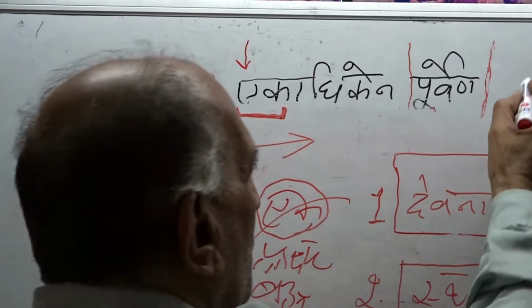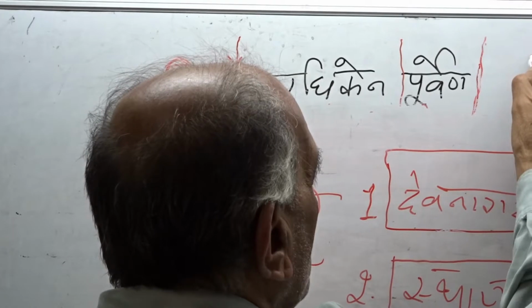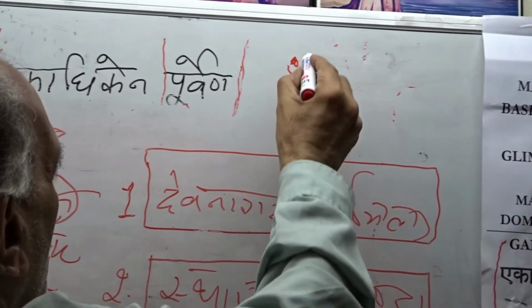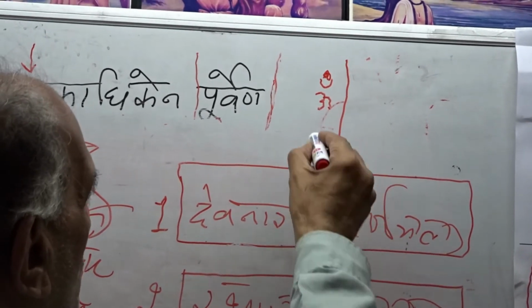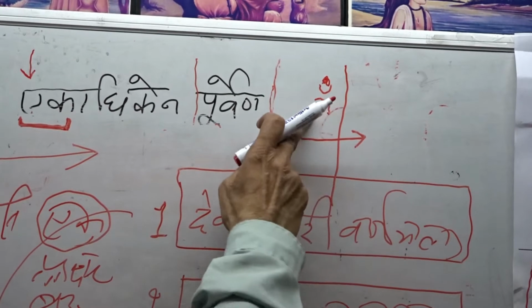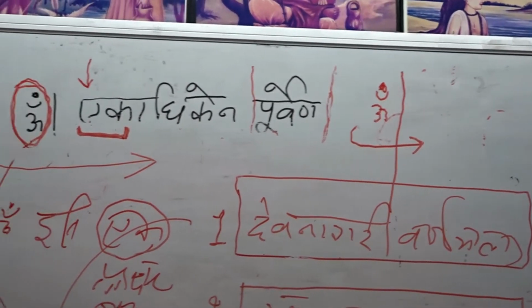Therefore, the ultimate reach of the mathematics of Ganita Sutras is going to be in terms of the values supplied by the source formulation Om. Om iti ek akshar Brahm.